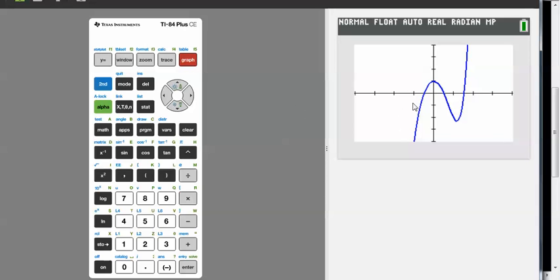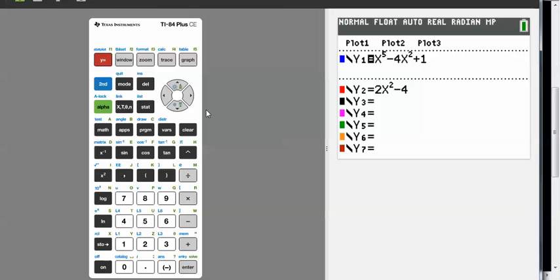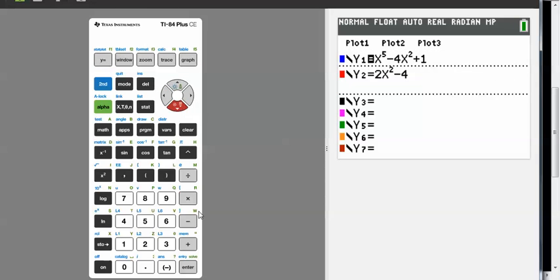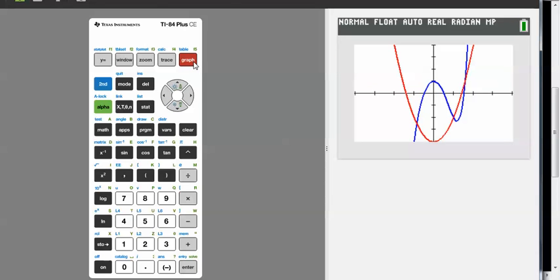So that's my y1, and now I come over here and turn on y2, enter, so that I know which one's which. The blue one is y1, and the red one is y2.